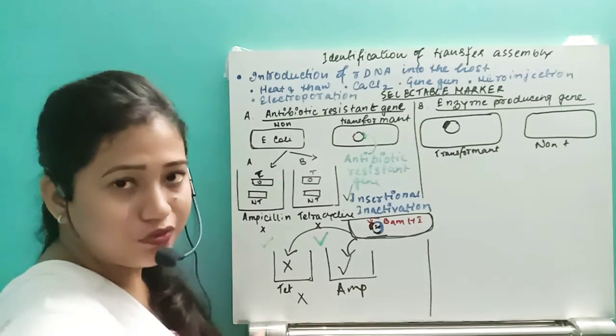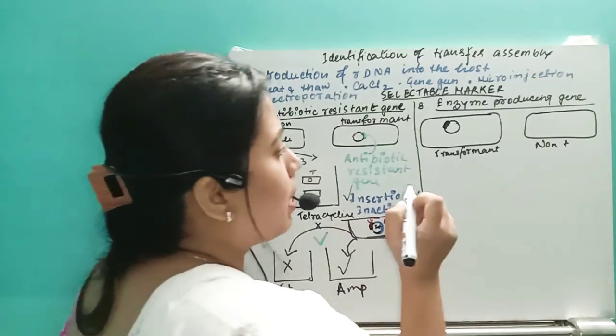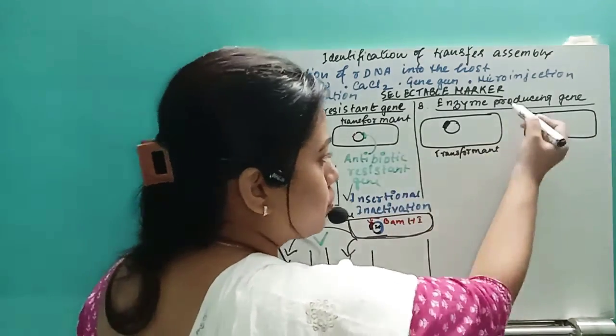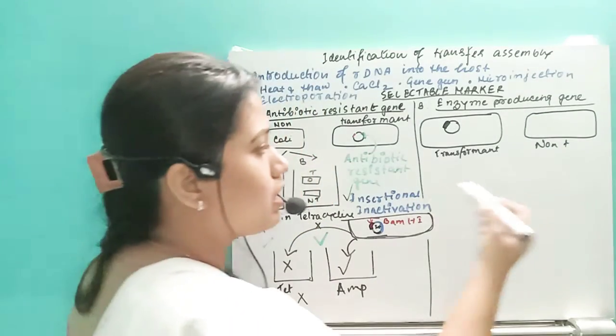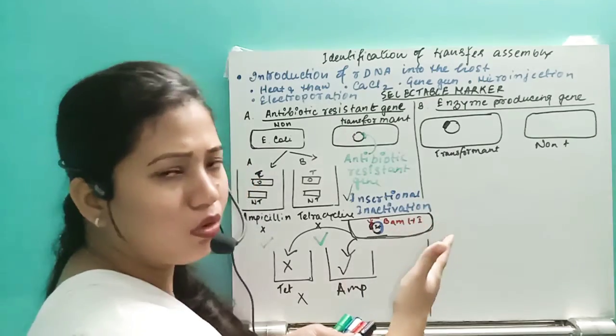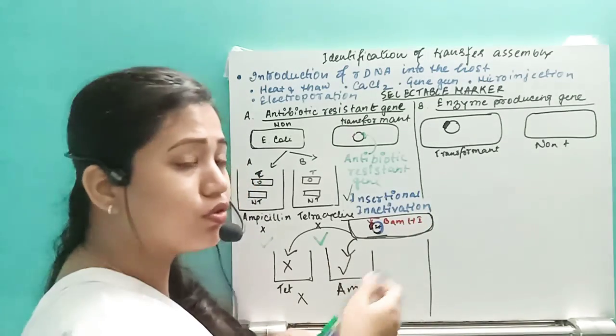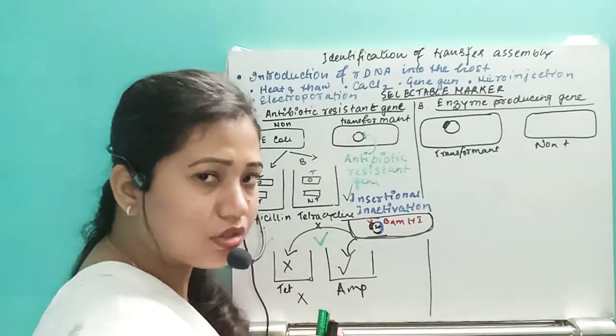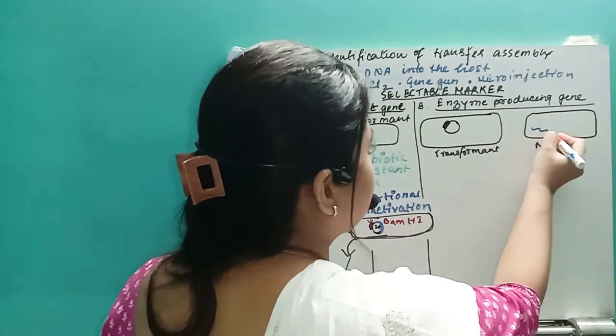So in this transformant, what happened? See, first of all, we'll start with the non-transformant. In the non-transformant, obviously the E. coli is a non-transformant, but also they are going to have their genetic material or not? Yes. So this is the lac operon.